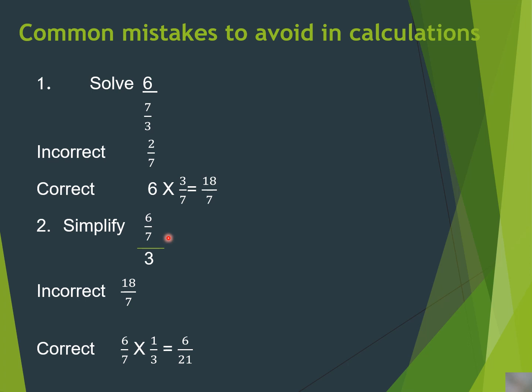Here sometimes children simply multiply 6 with 3 and write the answer as 18 by 7. But actually what is happening, 6 by 7 in the numerator is multiplied by the reciprocal of the denominator, which will be 1 by 3. So your final answer here is going to be 6 by 21, right?